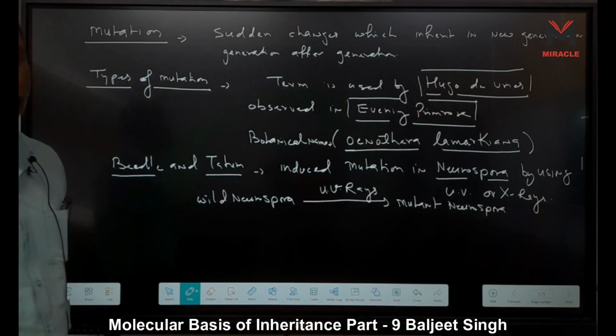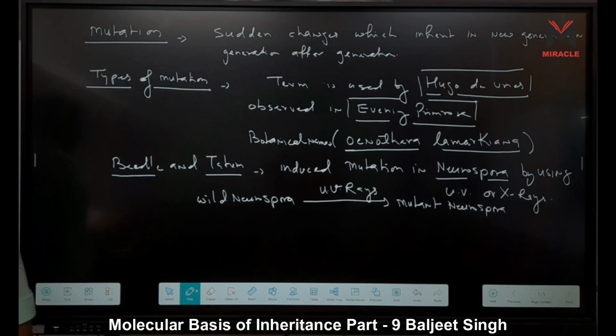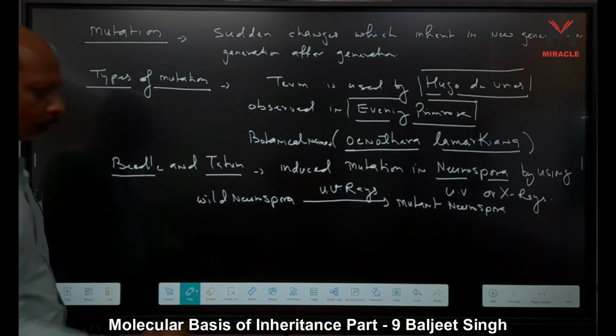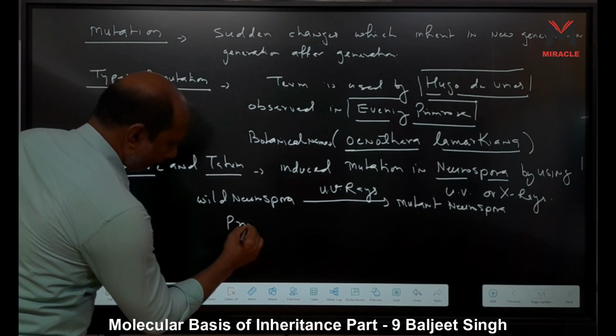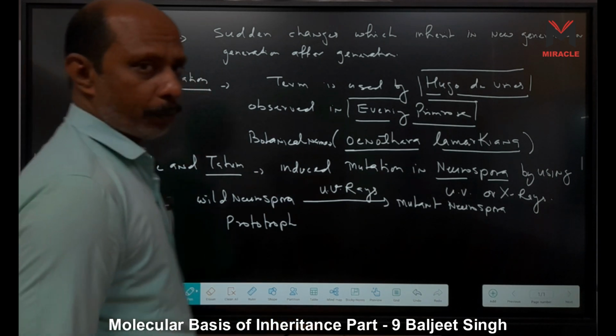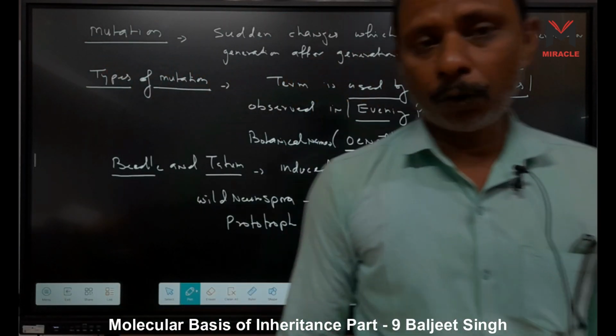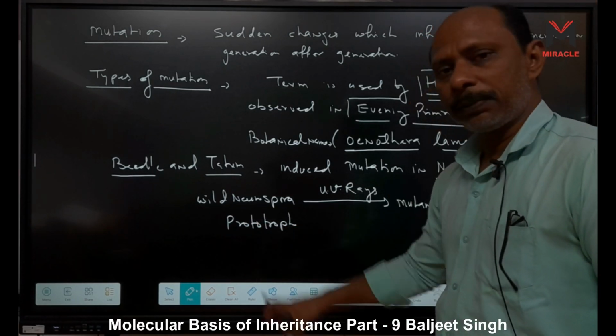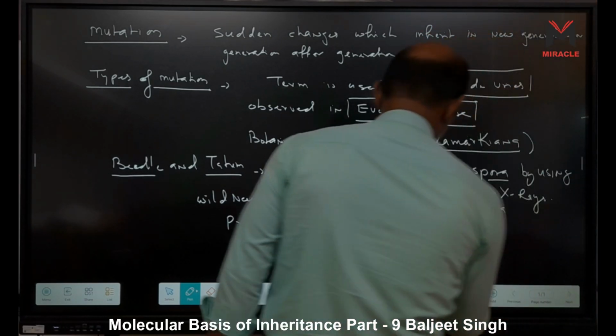What is the difference between these two? This one is called prototroph and this one is called auxotroph. Proto means primitive, and troph comes from the same root as autotroph and heterotroph.